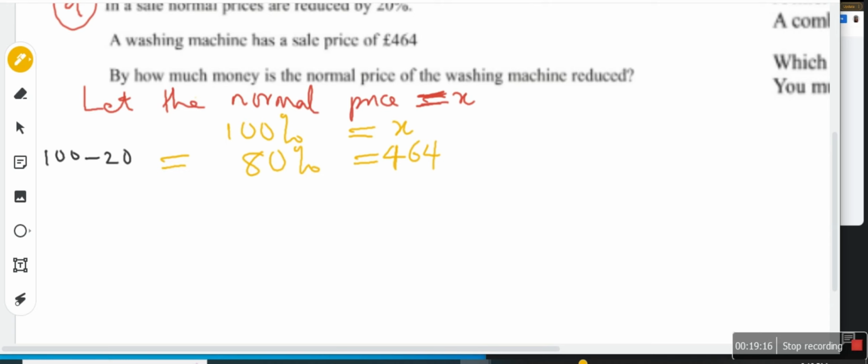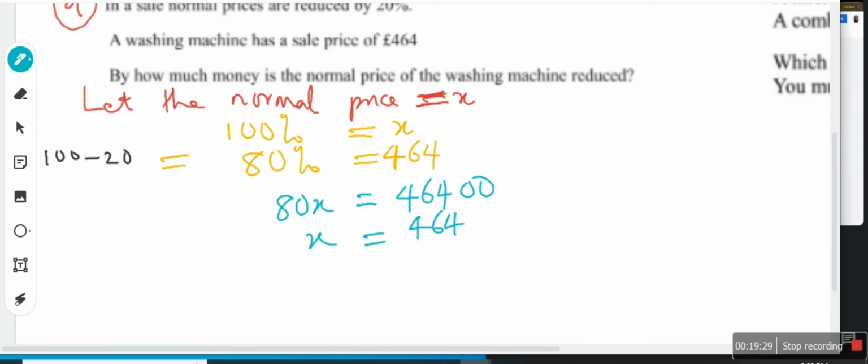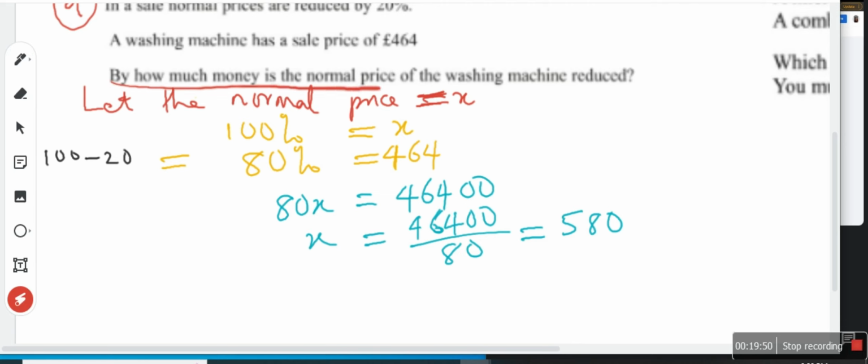That's 80X equals 46400. You divide both sides, and X is what now? What do you have? Okay. So X is 580.